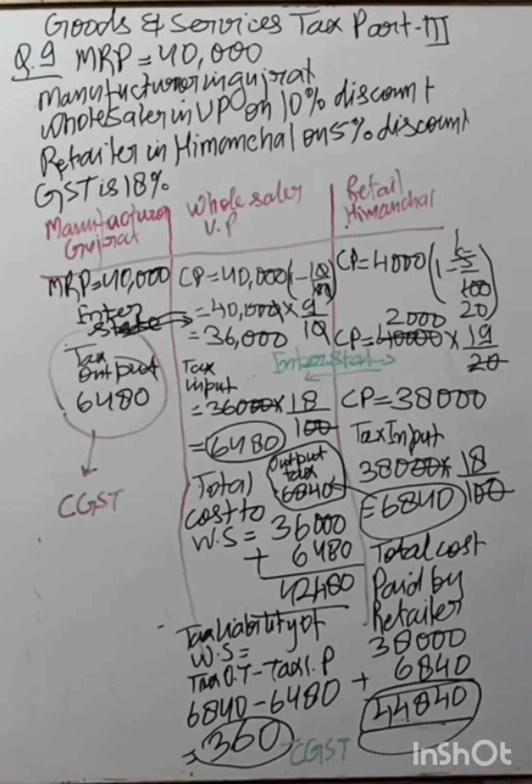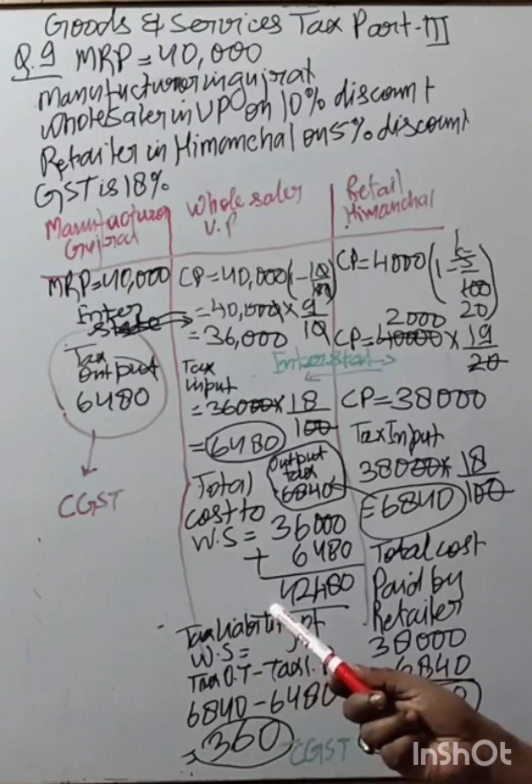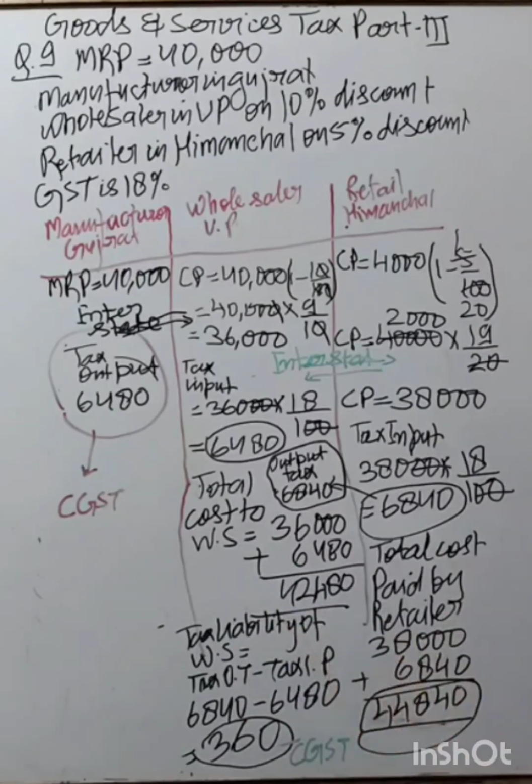The amount inclusive of tax paid by the wholesaler for the article, 42,480. What is your answer? 42,480. Yes. Fair?